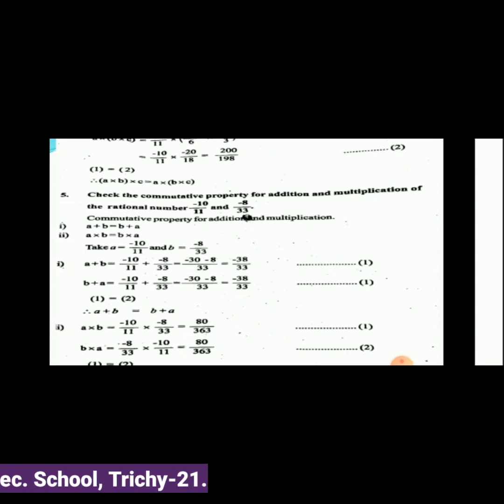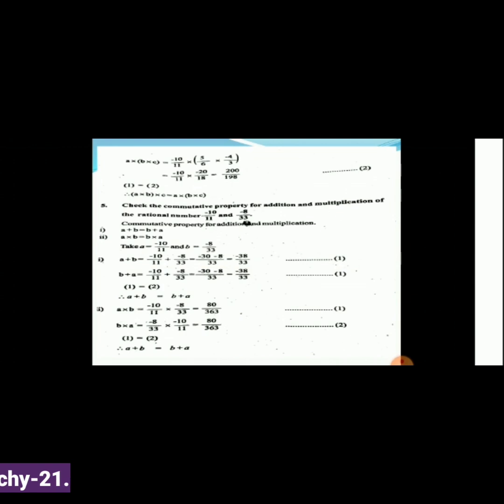Then b cross a is equal to minus 8 divided by 33 multiplied by minus 10 by 11, is equal to 8 tens are 80, 33 elevens are 363. Equation number 2. So from equations 1 and 2 we get a cross b is equal to b cross a. Thank you.